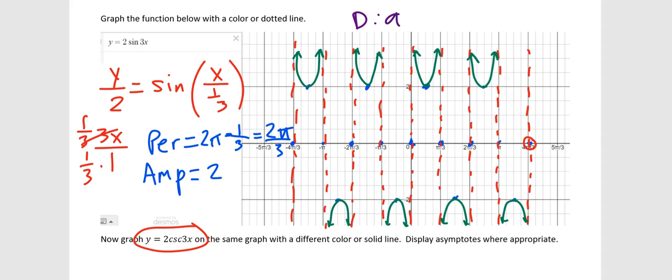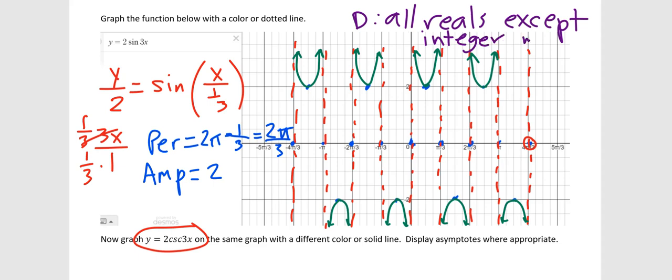All reals except... good call. Except integer multiples of pi over 3. Every time you hit another pi over 3.